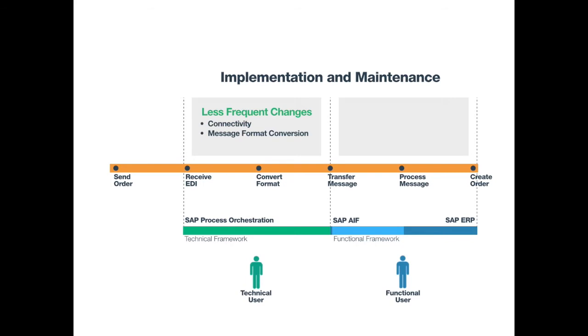Message format conversion. With the use of the graphical message mapping tool, converting any type of source structures into SAP backend system formats like IDocs is very simple. Security. Process orchestration supports all security-related aspects, like connectivity to the internet, message signing and encryption, of any integration scenario.